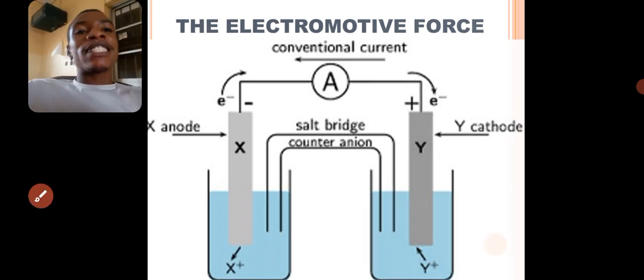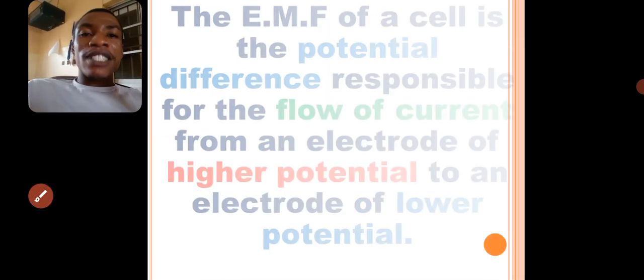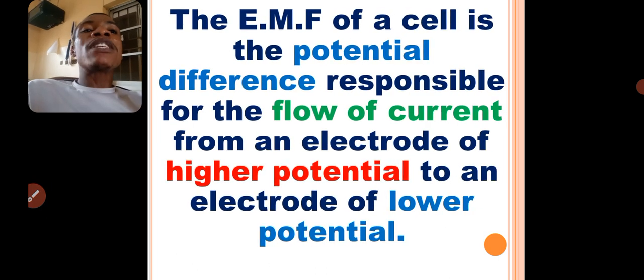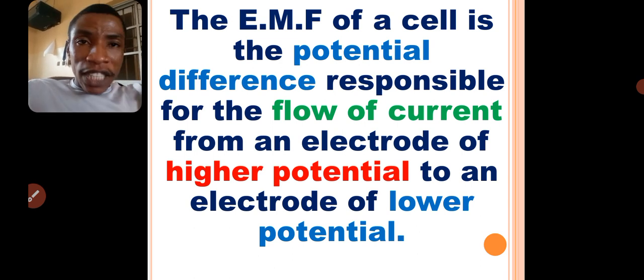Now let's look at what electromotive force is. The electromotive force is the potential difference that is responsible for the flow of current from an electrode of higher potential to an electrode of lower potential.